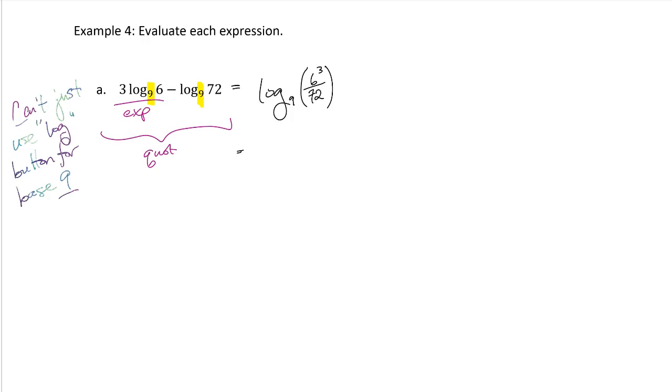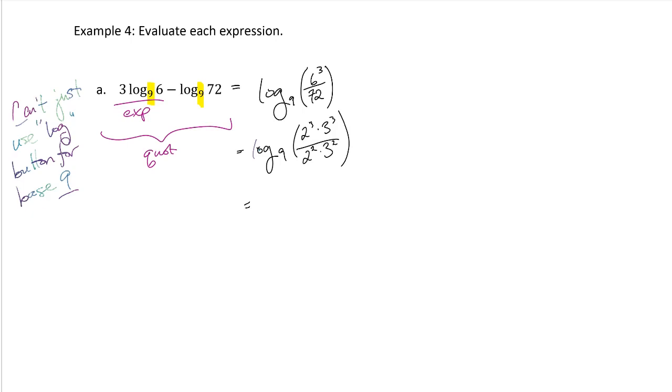So instead I'm going to try and figure out, okay, what can I do with these? I can rewrite it as log base 9 and see what I can figure out. Well, 6 to the power of 3 would be the same as 2 to the 3 times 3 to the 3. And 72 is the same as 8 times 9, which is 2 cubed times 3 squared.